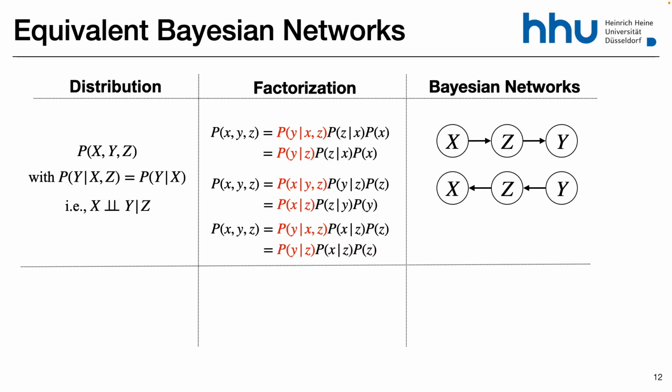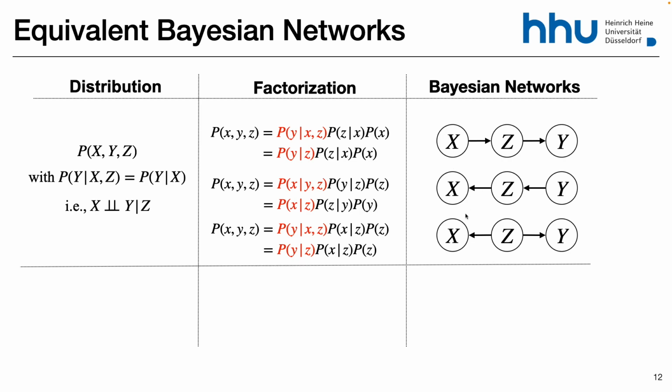Okay? I can give you another one now. Y, then X, then Z. And again, Y and X, I can remove the X because X and Y are independent given Z. And then I have this. And this gives me this network where Y has Z as the parent, X has Z as a parent, and Z has no parent.